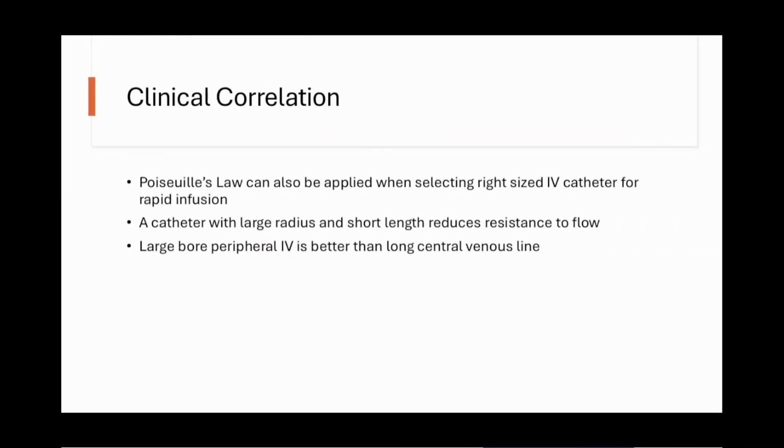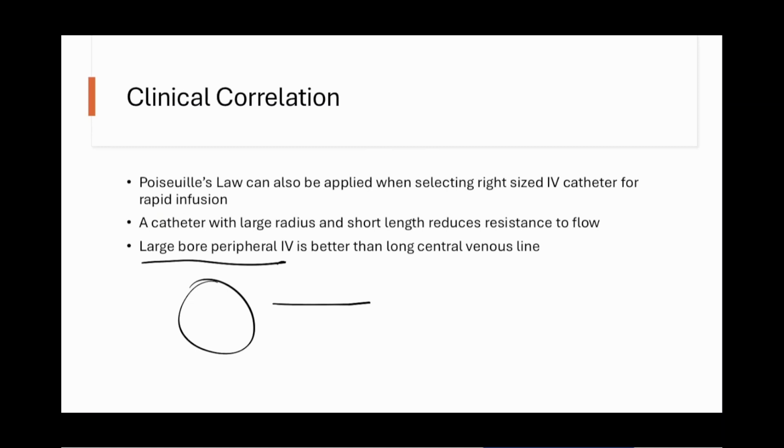So, those of you who've given IVs before, the reason you give boluses of fluids through a large bore peripheral IV is because large bore means the radius is big, right? And the length of an IV is really short.